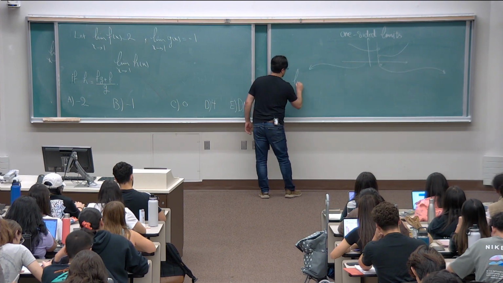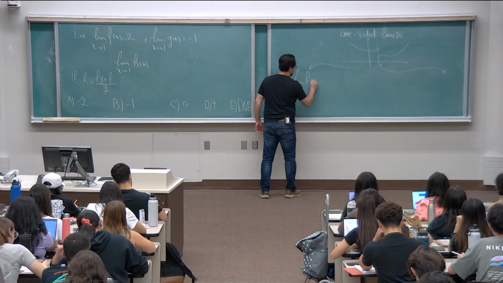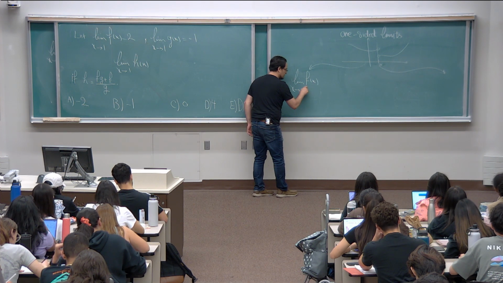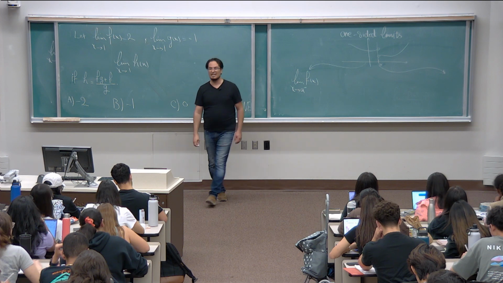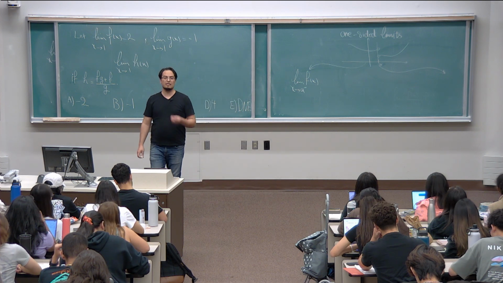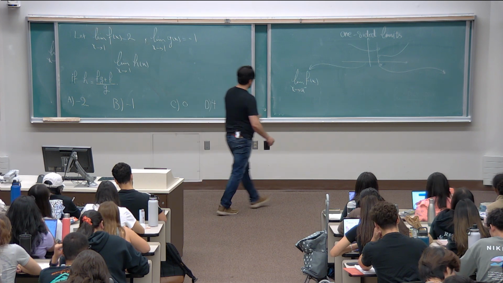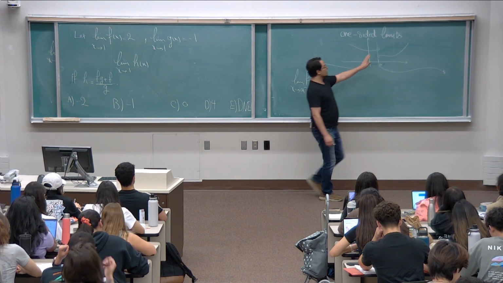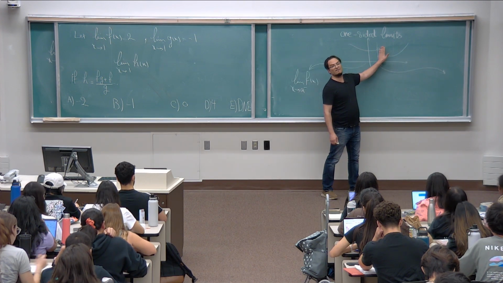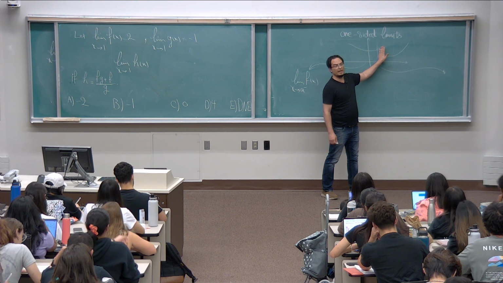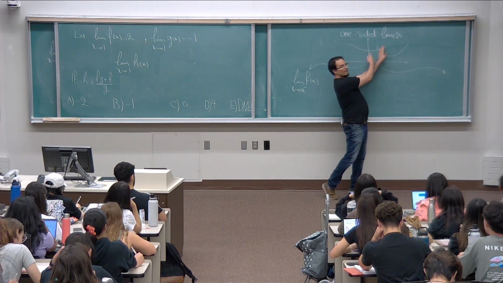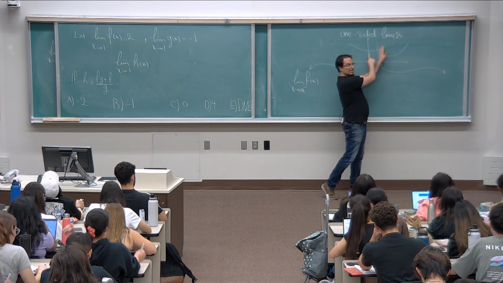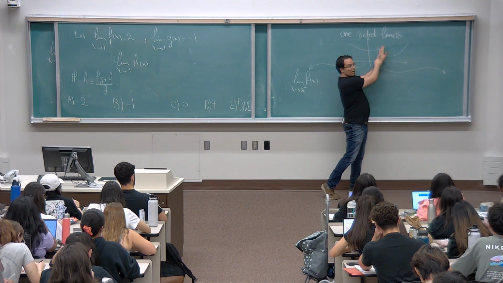So, limit of f of x, x approaches A from the left. This is the notation. This means what? This means that when I'm trying to evaluate this limit, I'm going to completely ignore the values on the right-hand side of A. And I look at only the values on the left-hand side and see what happens as I get closer to that A from the left.